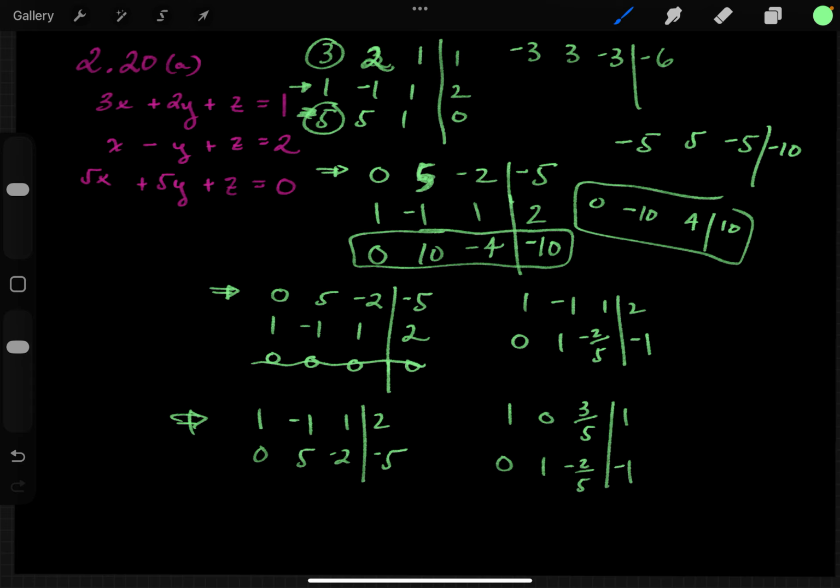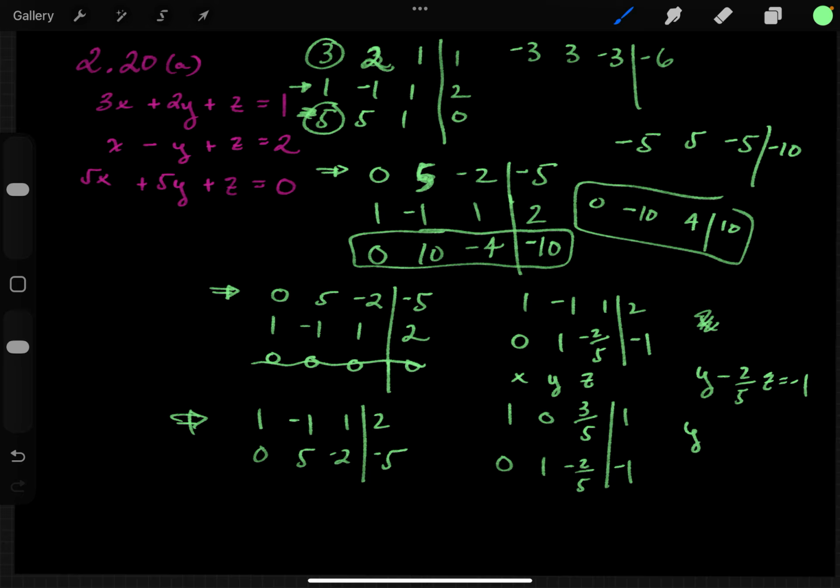And now here I want to look at this, and I want to express the solution set as vectors. It's now in, I think, reduced echelon form, but whatever, it's in echelon form at the very least, and that's all you really needed, but I just made it a little easier. So we should see that this is x, y, z, and then the bottom equation says y minus 2/5 z is equal to -1.